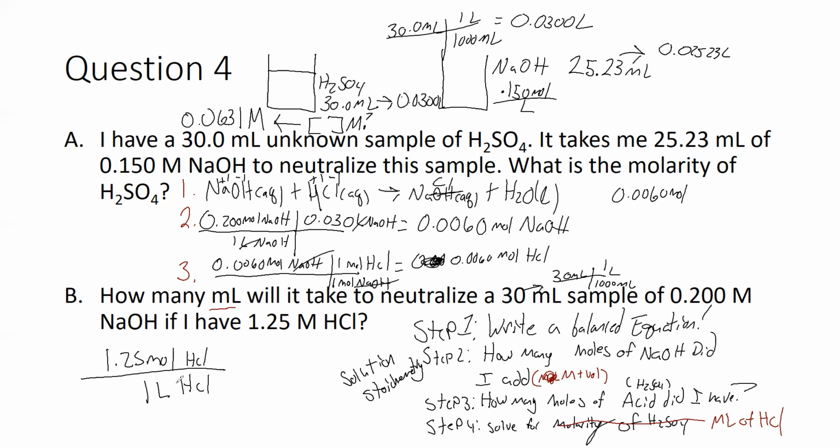Whenever you see big M, you need to be thinking to yourself, this is moles divided by liters. It's 1.25 moles for every 1 liter. If you're given moles, in this case HCl, we can use molarity as our conversion factor to go from moles to liters, because for every 1.25 moles of HCl, moles of HCl are now canceled out. I have 1 liter of HCl.